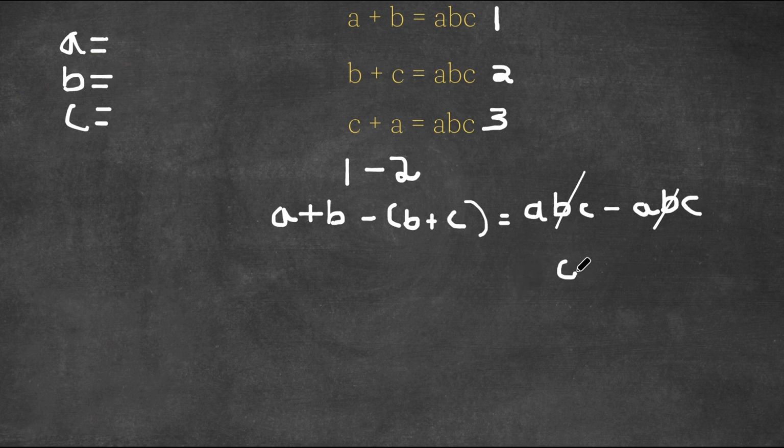So this would be 0, and this is equal to a plus b minus b minus c. These two would cancel out, so this would be a minus c. So we know that a minus c equals 0.